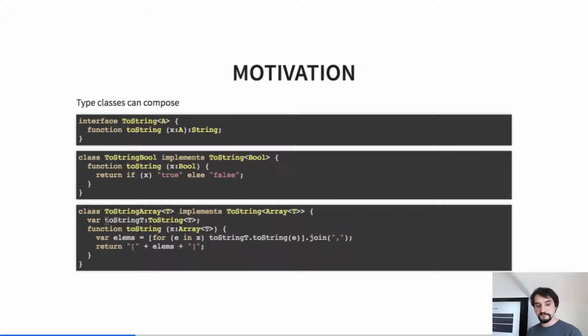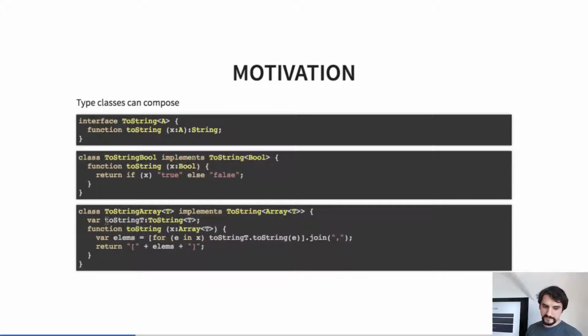Then you have a simple implementation for a Boolean, not very fancy. What is important is the implementation for the array, because for the array you actually have a dependency. The dependency is how you create a string out of the t, the type parameter. And so a type class can have a dependency.